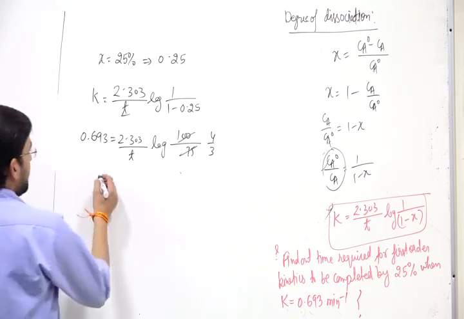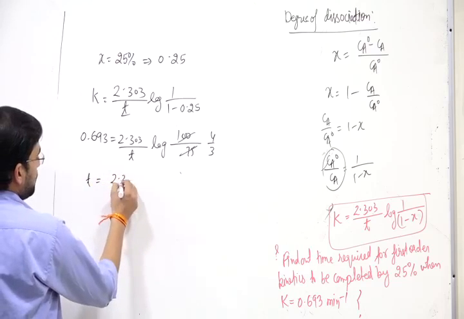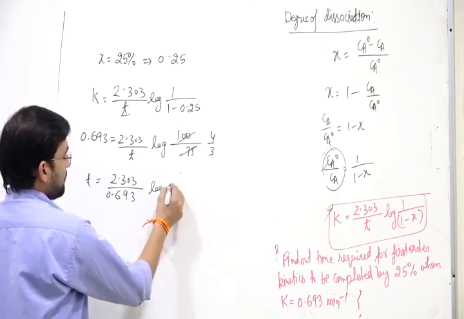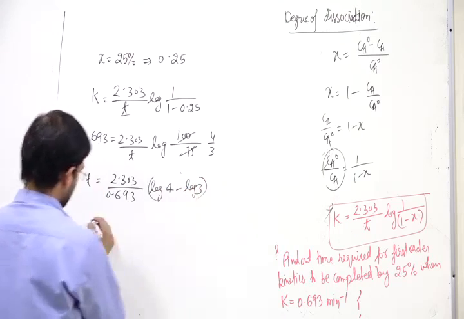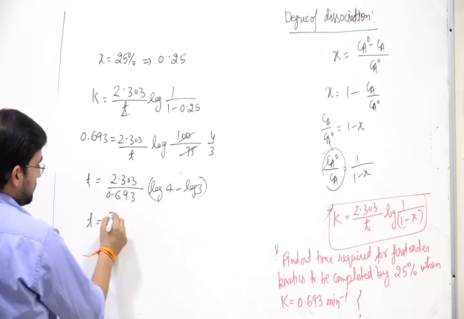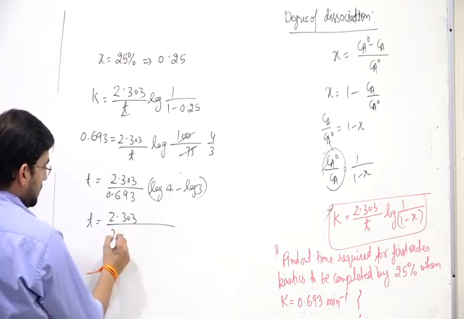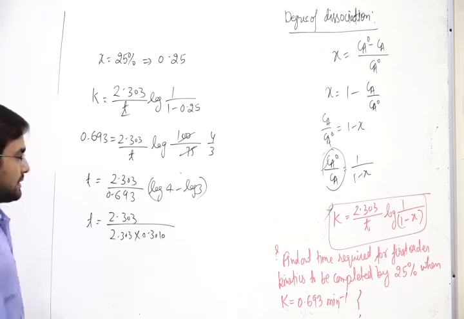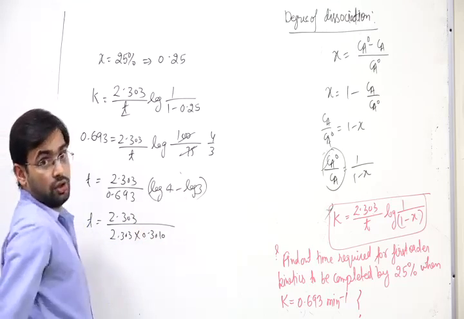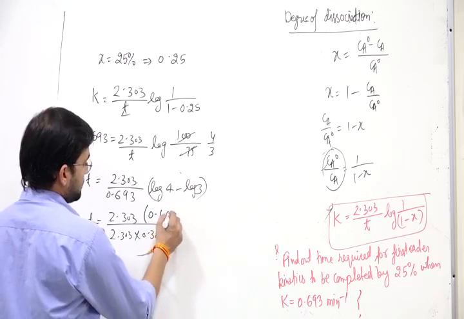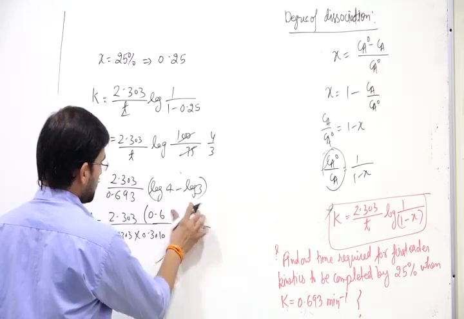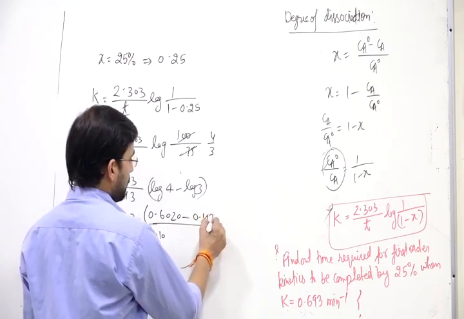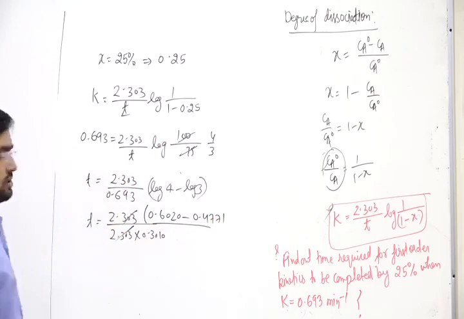Then t will come here: 2.303 by 0.693 times log 4 minus log 3. This factor could be broken into 2.303 into 0.3010. Log 4 could be written as 2 log 2. 2 log 2 is 0.6020, minus log 3, which is 0.4771. 2.303 gets cancelled.